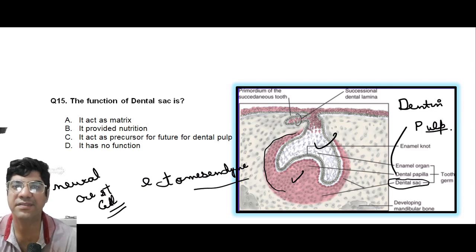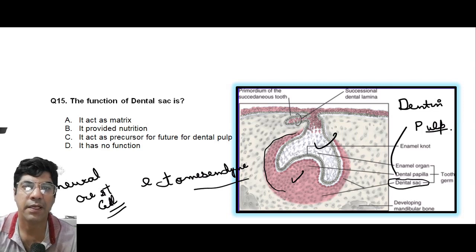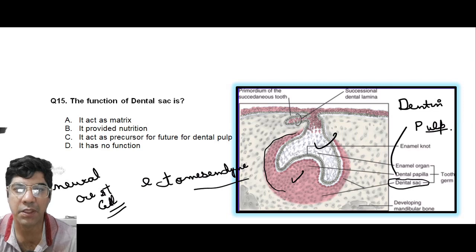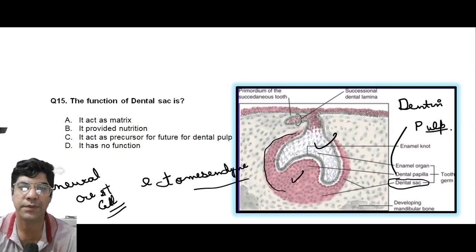Think of the dental sac like a protective hug around a developing tooth. It is a support system that forms around the tooth and becomes the periodontium, which includes the cementum and the alveolar bone. So the dental sac surrounds and creates a structure that keeps the tooth securely anchored in your mouth.